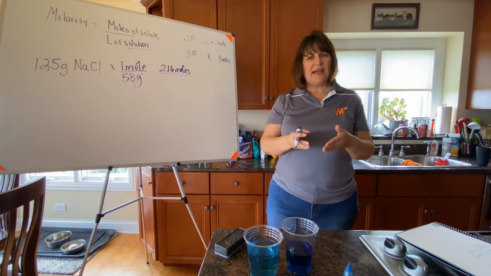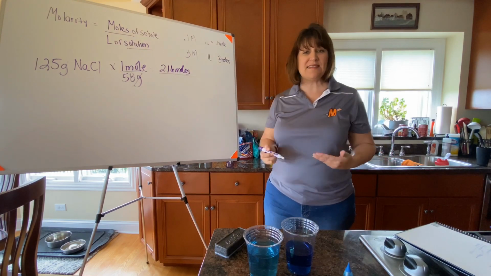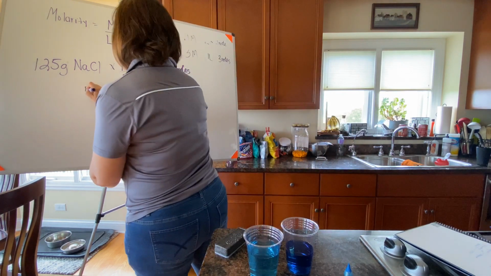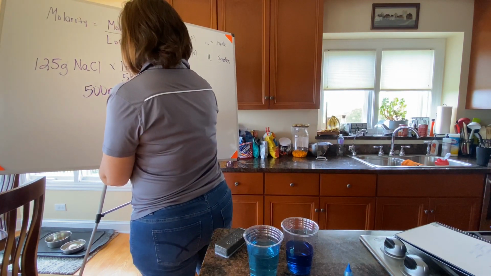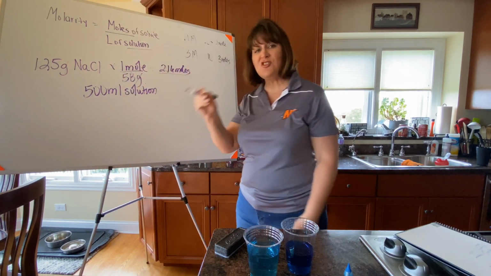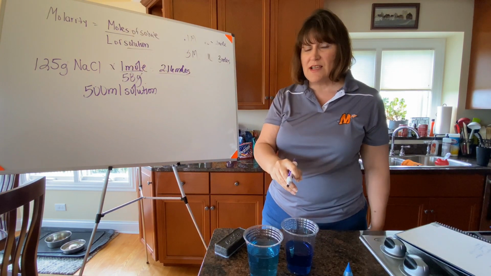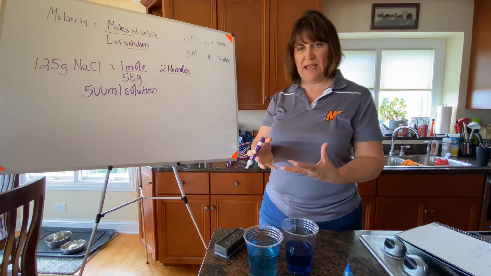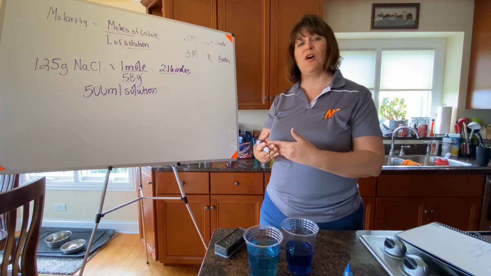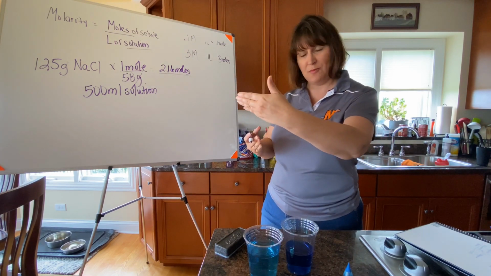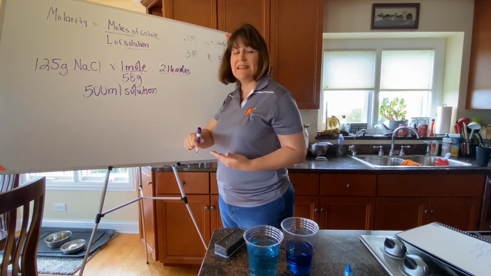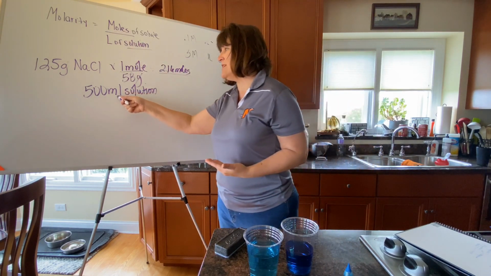I put this into a flask and I'm going to now add solvent, typically water, until I reach 500 milliliters. Now again, I'm not just adding 500 milliliters of water. Because the salt takes up space as it dissolves into its ionic particles, I'm going to add water until I reach a total volume of 500 milliliters. But look up here, liters of solution, milliliters.